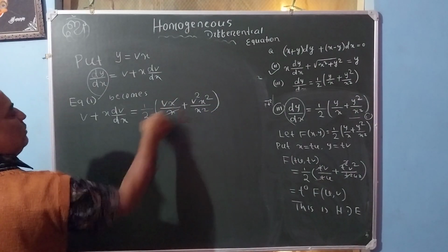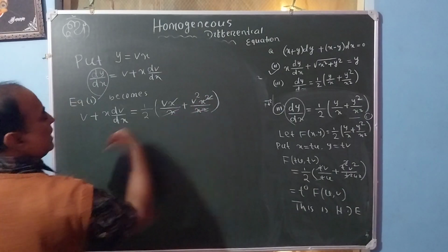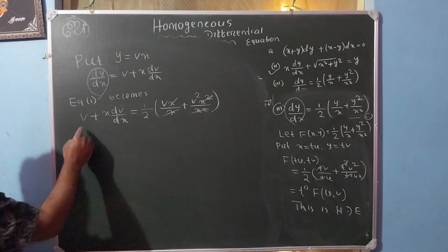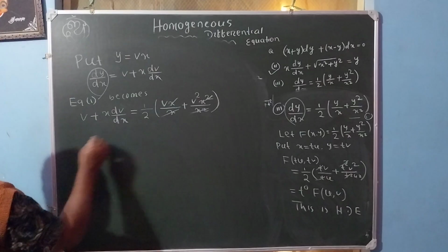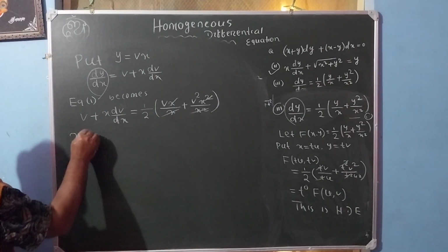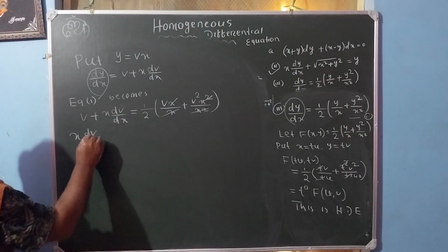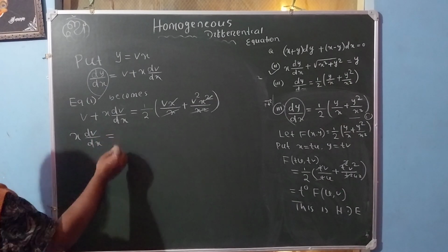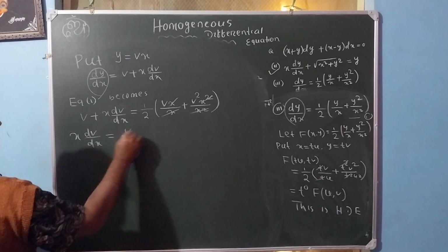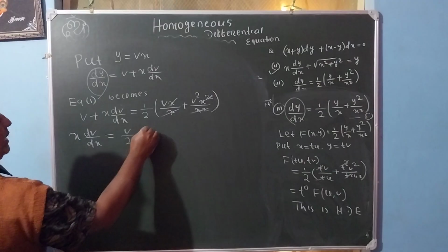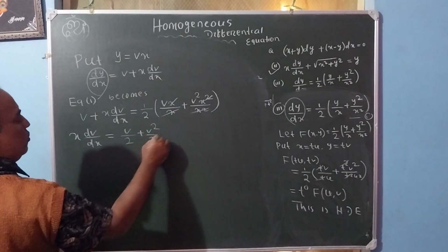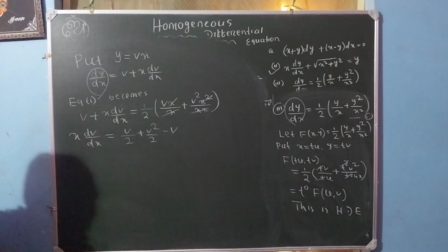So x cancelled with the x, x square cancelled with this x square. So now this v will go to that side. x dv by dx is equal to v by 2 plus v square by 2 minus v.